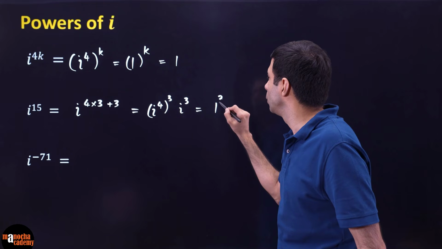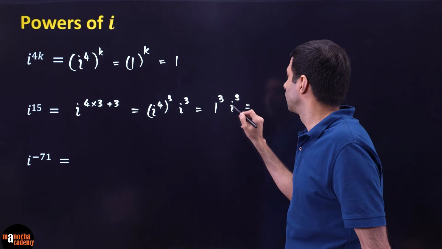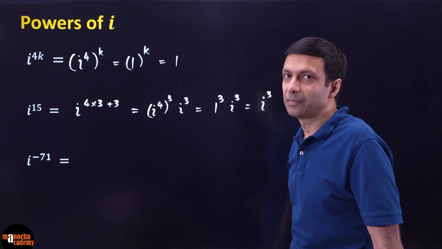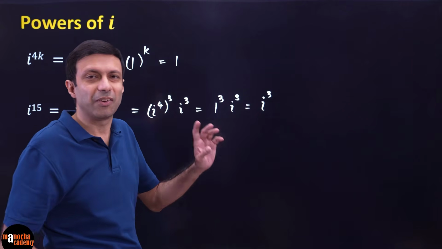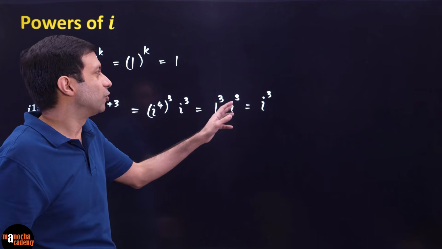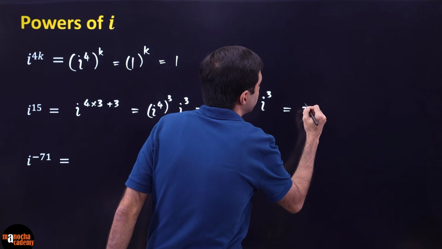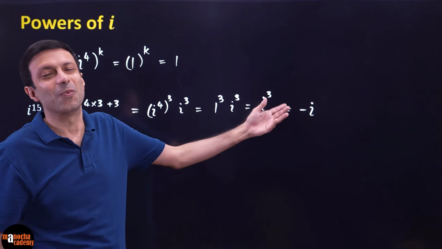So we have 1 to the power 3 multiplied by i cubed. So it is simply i to the power 3. And guys, what is i to the power 3? We just looked at that. Or you can just break it down and remember i squared is minus 1. So minus 1 times i, which will give you minus i. So i cubed is basically going to give you minus i.